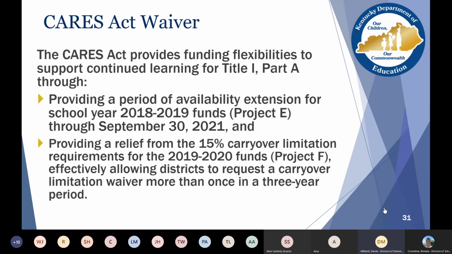At that point, we would just issue an approval or ask some follow-up questions as needed. And then we keep an ongoing list of those waivers that have been requested year to year.